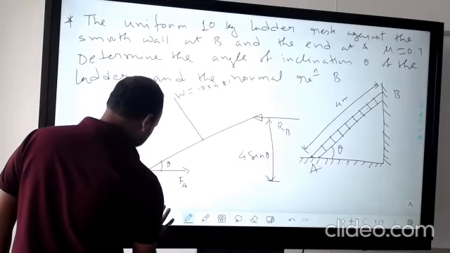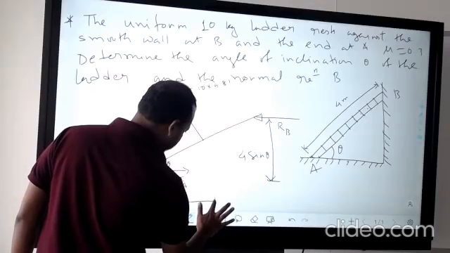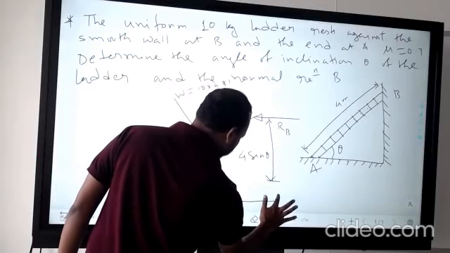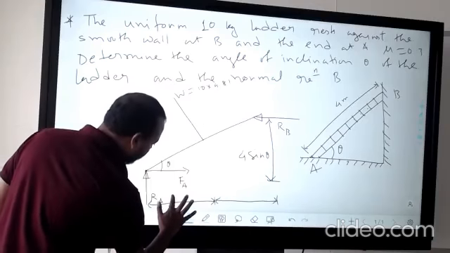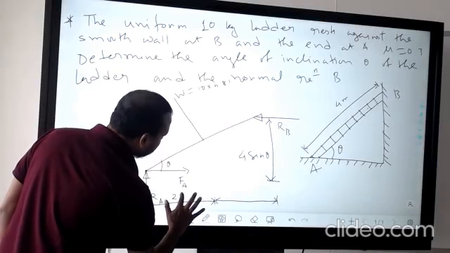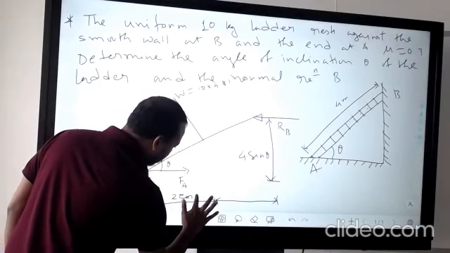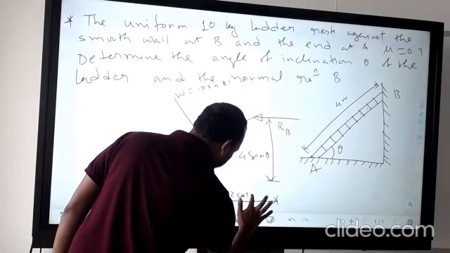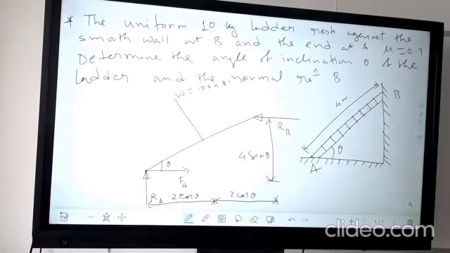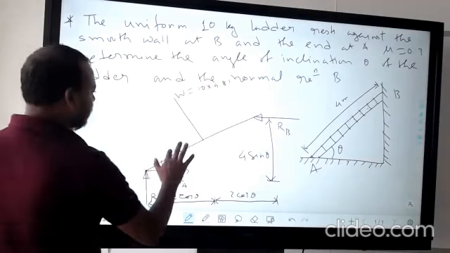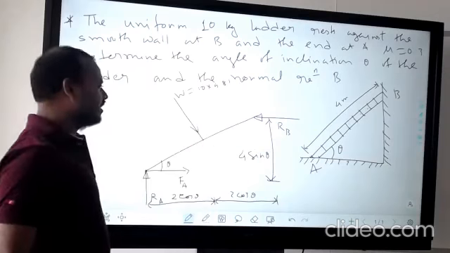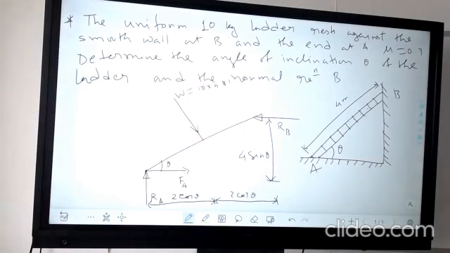So this distance, and again this distance, of the 4 meter, that will be 2 meter cos theta, and this is also 2 meter cos theta. Now everything is known. So in the same way, we apply summation of Fx is equal to 0, summation of Fy is equal to 0. Then find out.